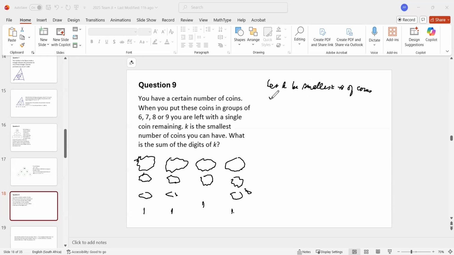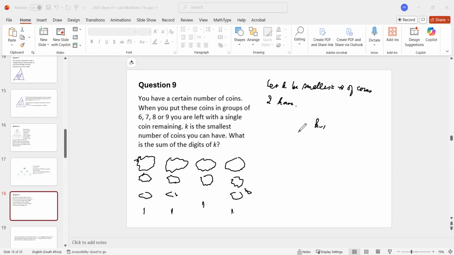The coins I have, right? I'm going to calculate K now. Okay. To say that there's one remaining, it means that K minus 1, right? I've used up all the coins, but I've got one remaining.